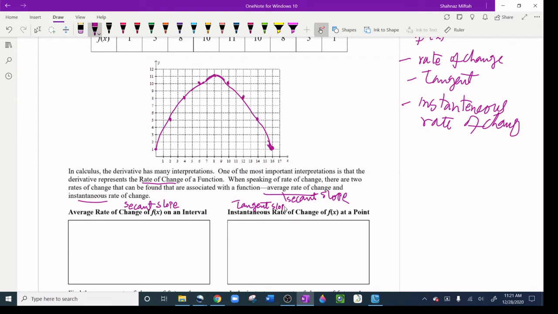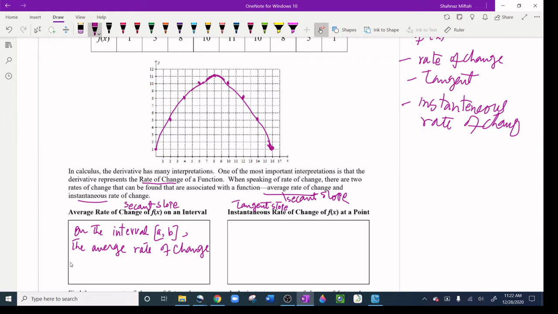Now I can say on the interval a, b, for example, the definition is: on the closed interval a and b, the average rate of change is defined to be f of b minus f of a over b minus a.